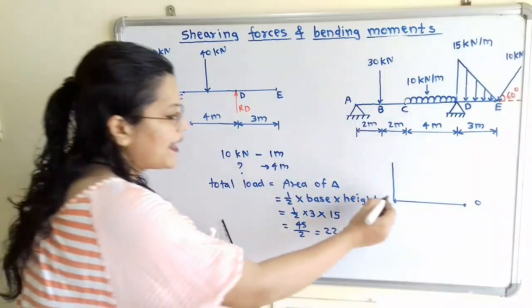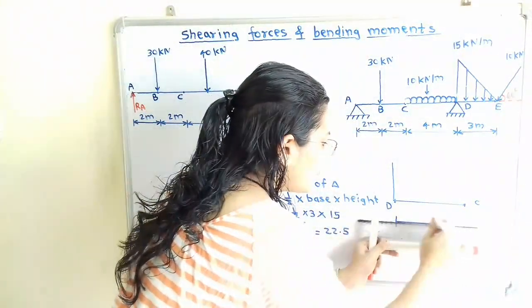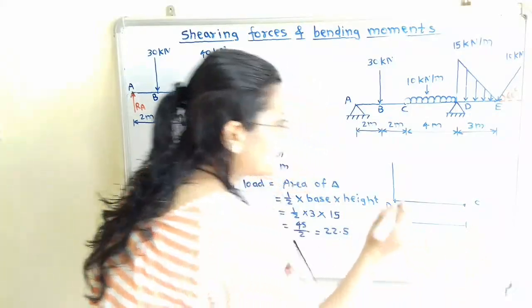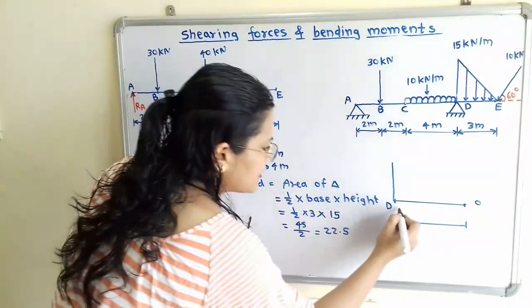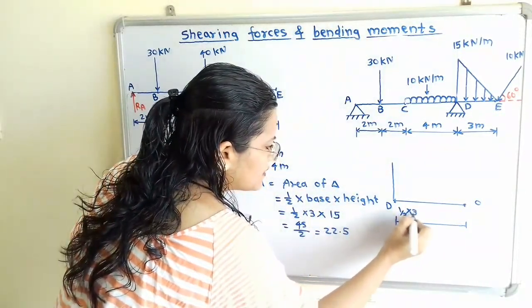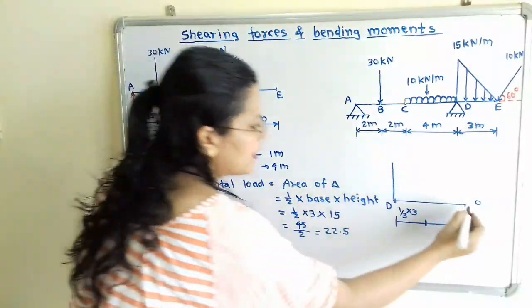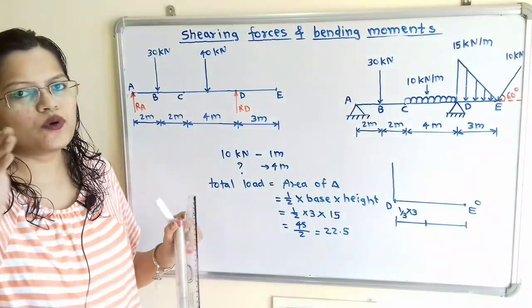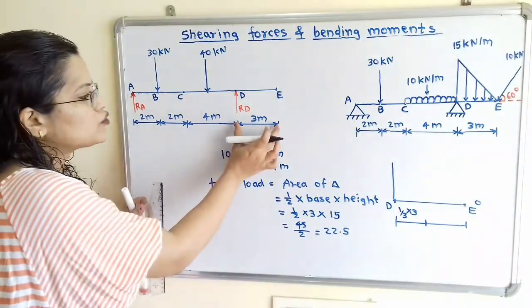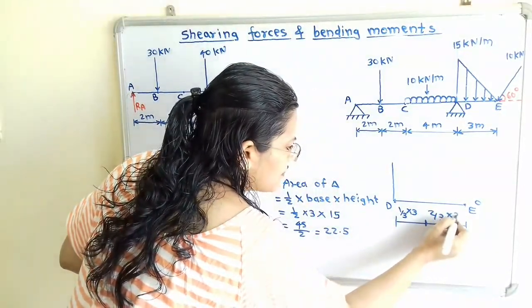From the maximum load point, we have to take 1 by 3 multiplied by the total span. So 1 by 3 multiplied by 3, and from the other point, that is from E, the minimum load, we have to take 2 by 3 multiplied by the total length. So we take 2 by 3 multiplied by 3.